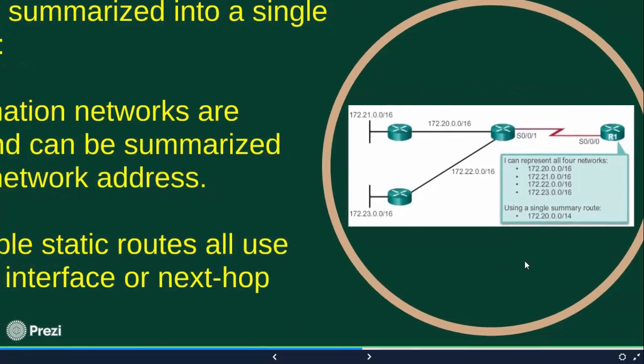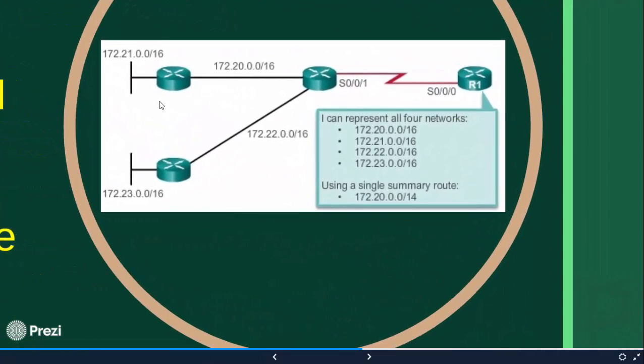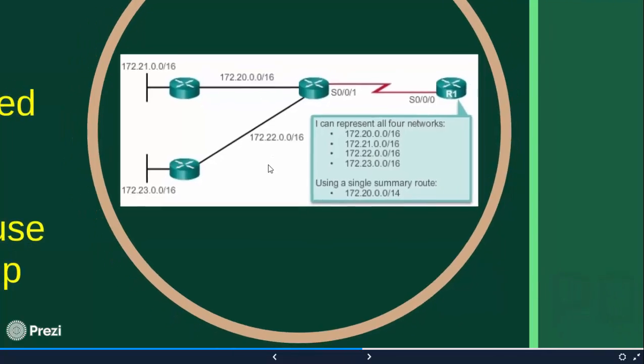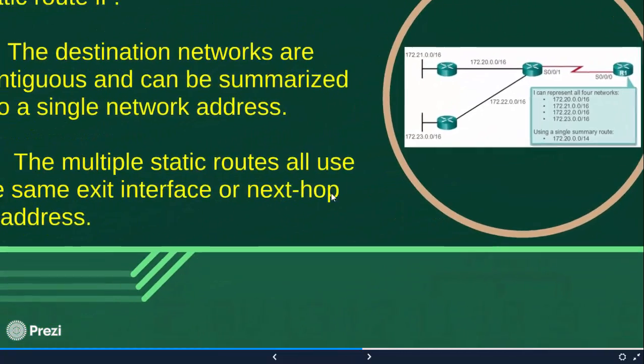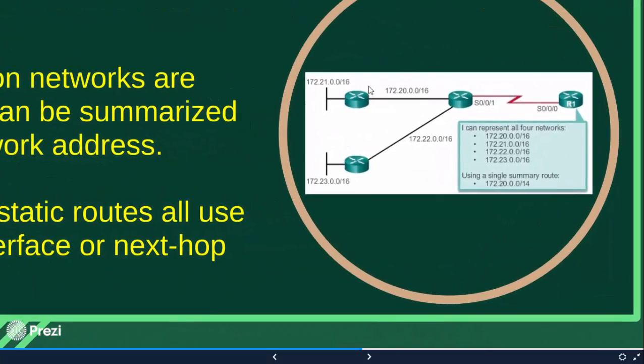As you can see here, you have router R1 with 172.21.0.0/16, and then it uses this exit interface. This is the exit interface, 2000. This is 2200.